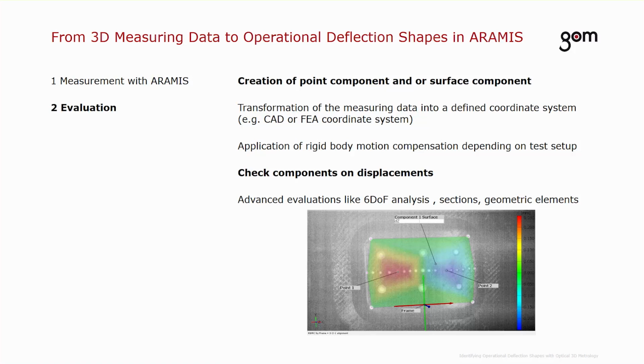And if you like, of course, you can also carry out other advanced post-processing analyses in the software, like deriving a 6 degree of freedom analysis. You can create sections, of course, and use or create geometric elements like best fit planes, best fit shapes, spheres to use for alignment or further evaluations.